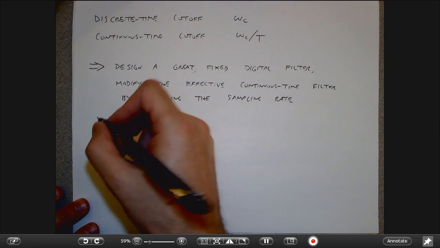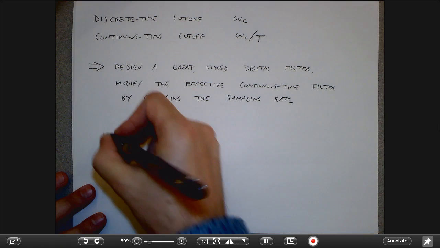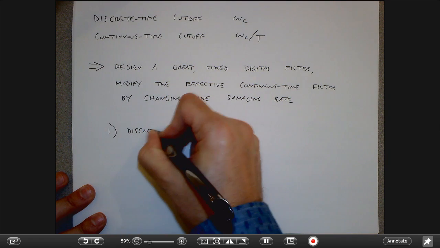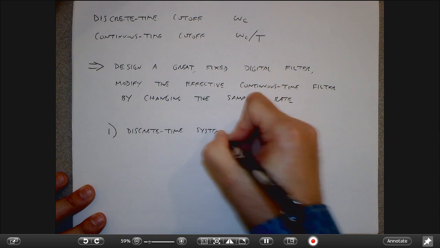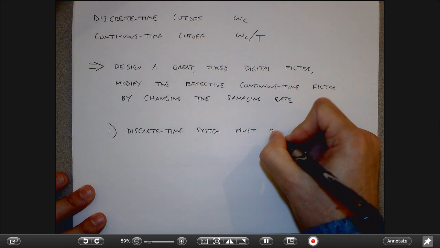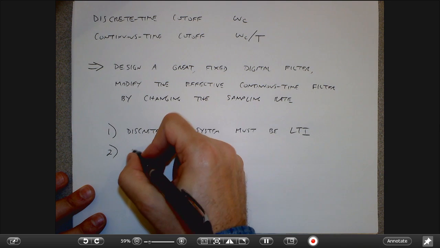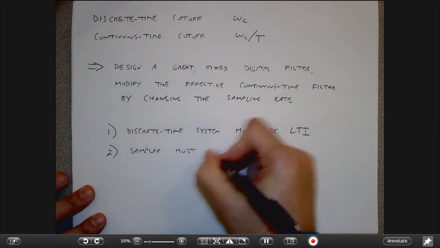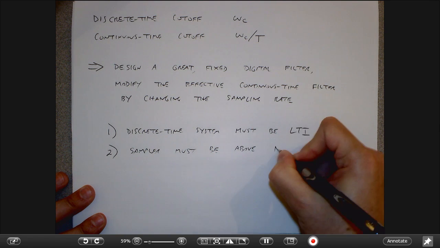And so there are a bunch of caveats in this process. One is that you need to make sure that the discrete time system is LTI. And the other one is that the sampler must be above the Nyquist rate of the input.